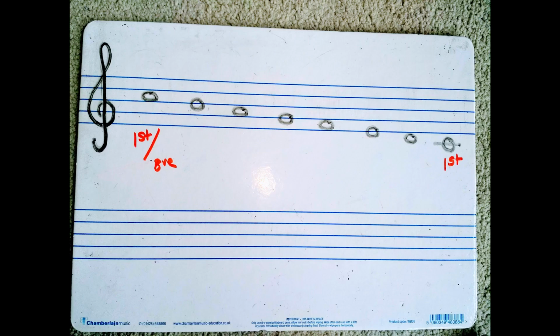Well, both of the C's would still be the 1st degree of the scale, and all of the other notes will retain the same degree of the scale as they did on the way up. So C is still the 1st degree of the scale, D would still be the 2nd degree of the scale, E would still be the 3rd degree of the scale, F would still be the 4th degree of the scale, and so on.